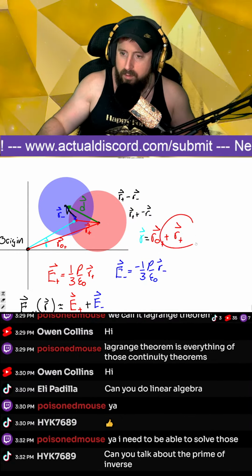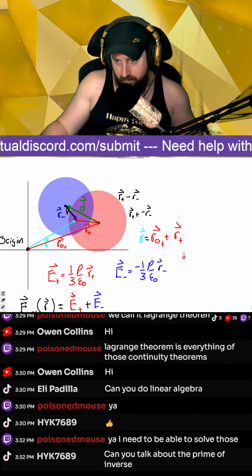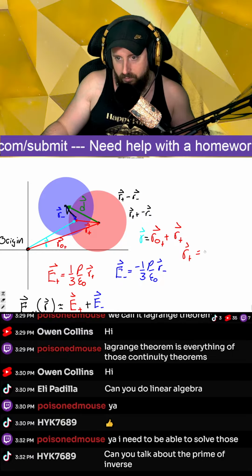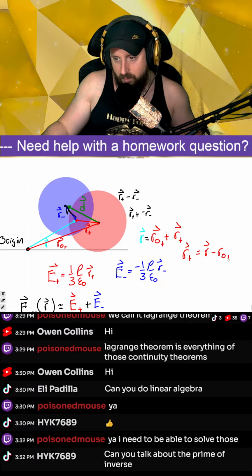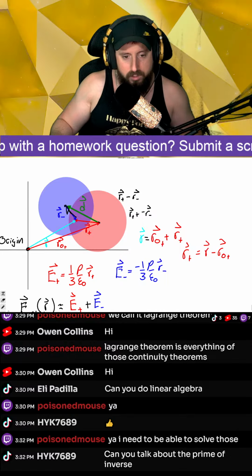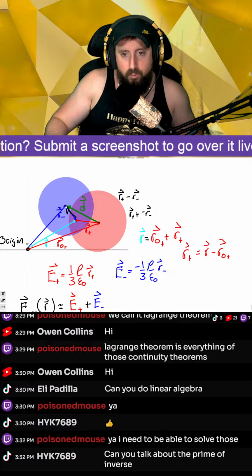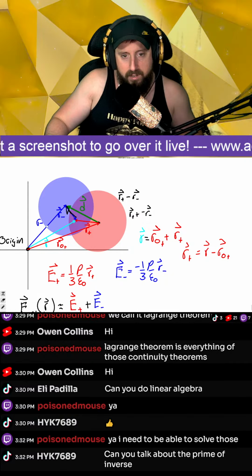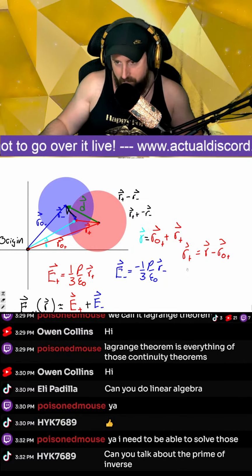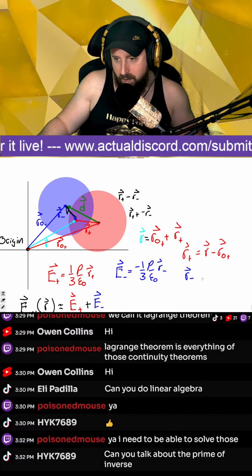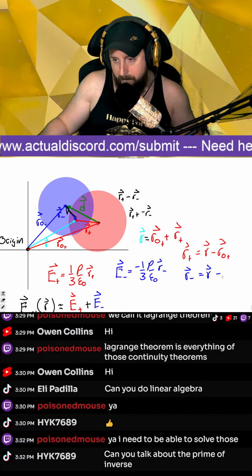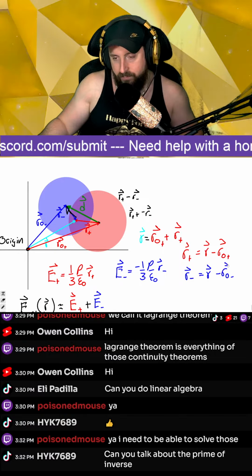And so solving for R plus vector, you get that R plus vector is equal to R vector minus R0 plus vector. So this is like what points to the origin of the red one. And then this one would be R minus R0 minus vector. And so you get the same thing. You'd say R minus is equal to R vector minus R0 minus vector. Okay?